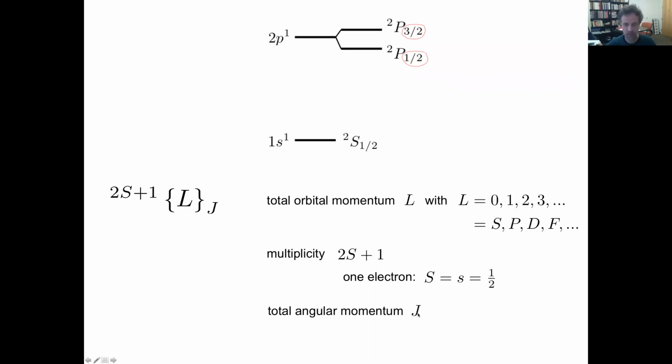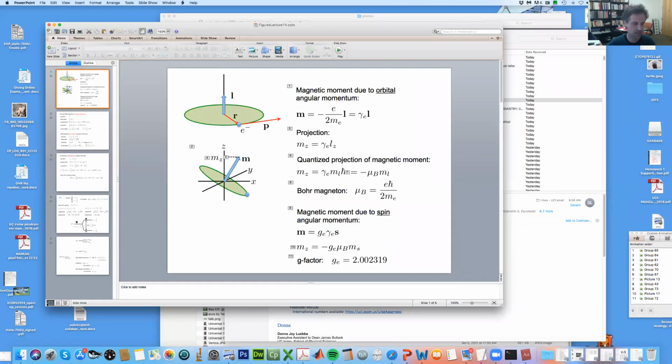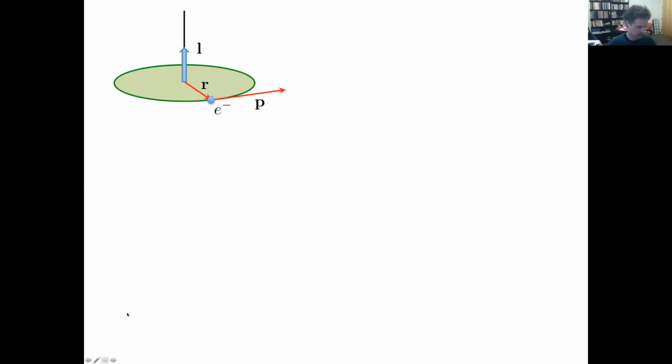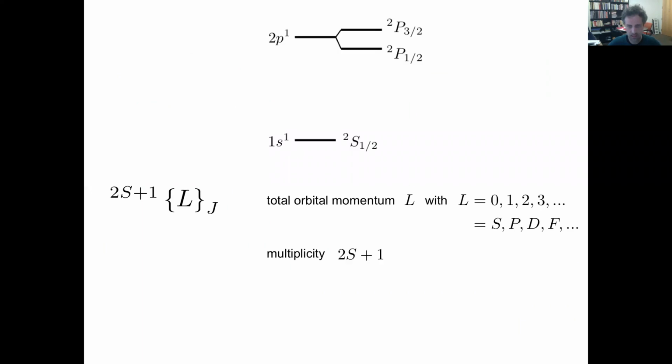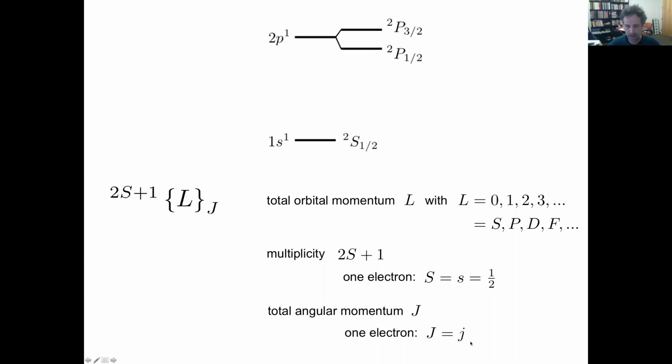The total angular momentum for 1 electron is the same as little j, and there were 2 possibilities that we saw last time, namely 1/2 and 3/2. Okay, so that's basically where these term symbols come from.